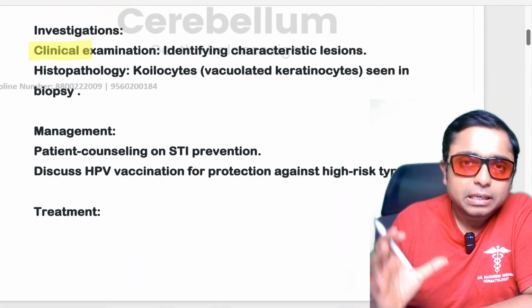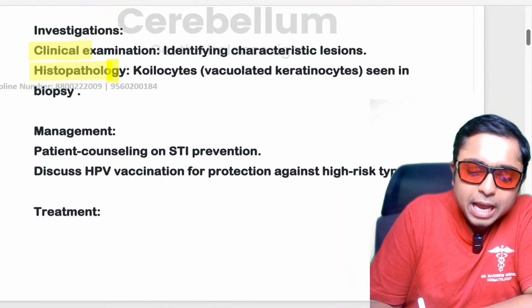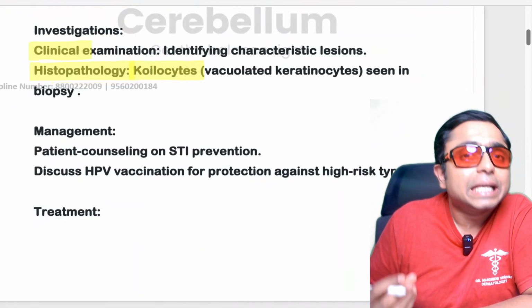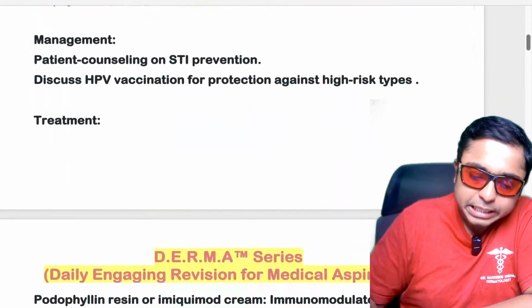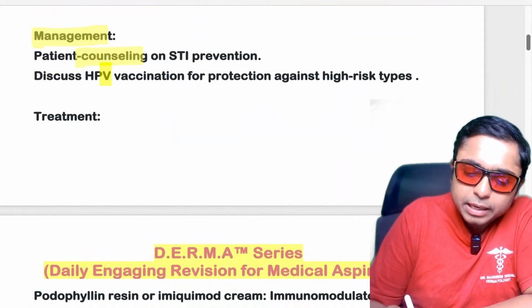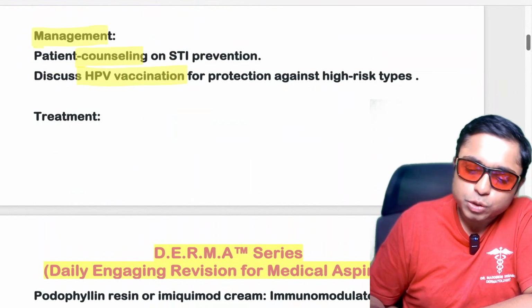So clinically we can diagnose this condition, and if we have to confirm it, we can do a biopsy where we are going to see the vacuolated keratinocytes which are called coilocytes. And management is going to be first counseling and the HPV vaccination discussion should be done.